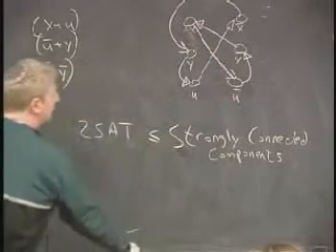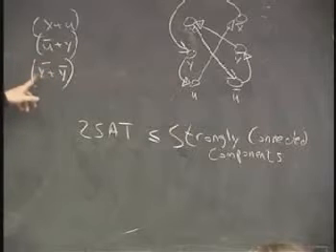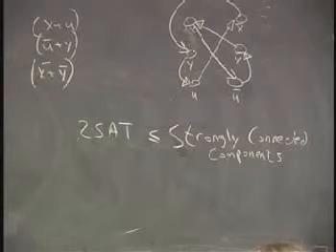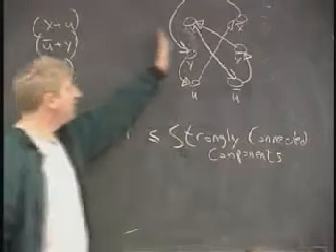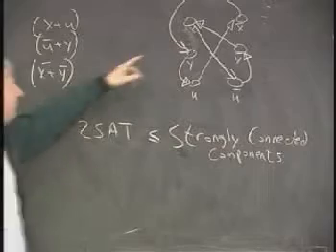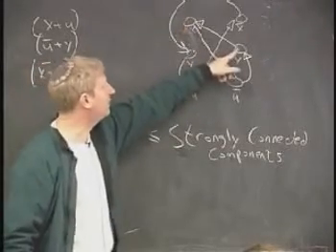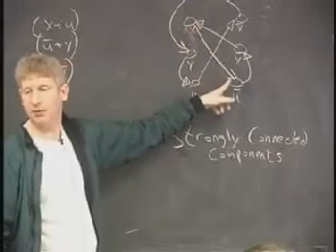Here's a picture that represents these dependencies in 2-SAT. When are you going to be able to set these values to true and false? You can make anything you want. If I make this true, that means this. If I make this false, that means this has to be false, this has to be false. That's OK.